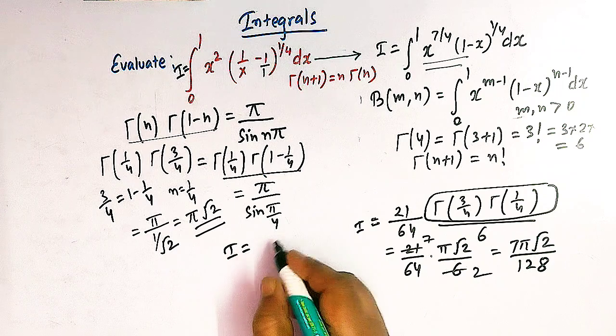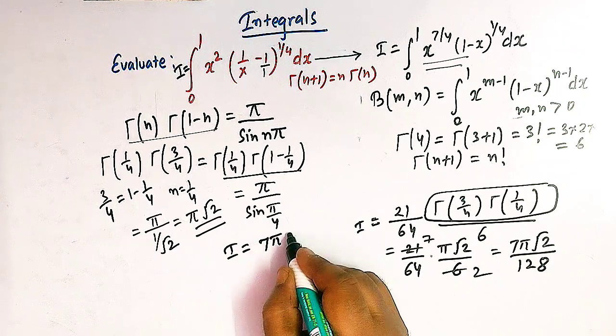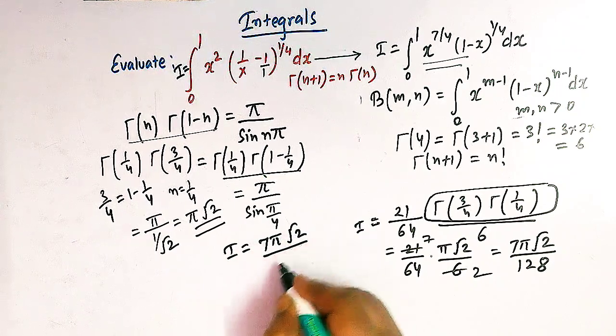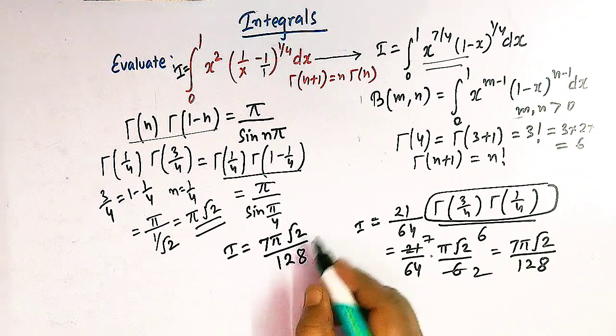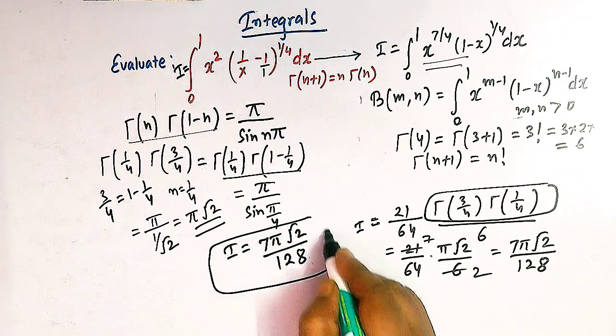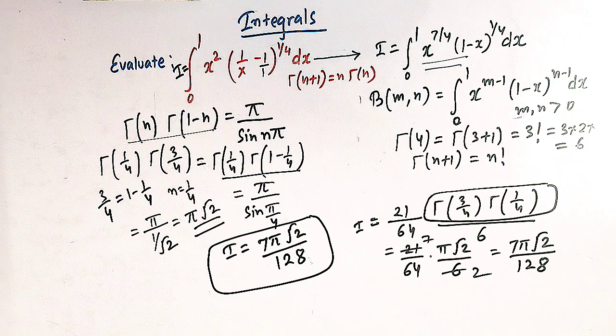I is given by 7 pi square root of 2 over 128. So this is how, by making use of the concept of beta and gamma functions, which are also known as Euler's integral, we can find out the values of these type of integrals.